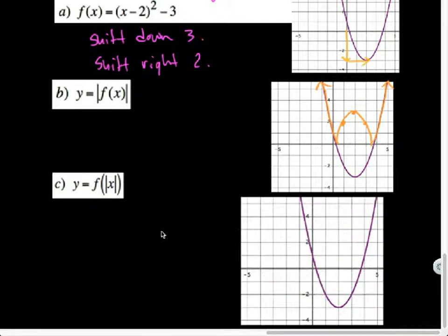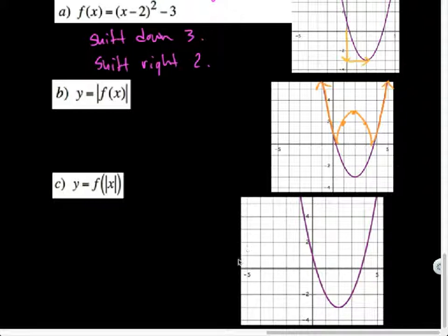So here's the last part of the example. y equals f of the absolute value of x. So now what I'm doing here is I'm positivizing the x values in a sense. So let me think about this.